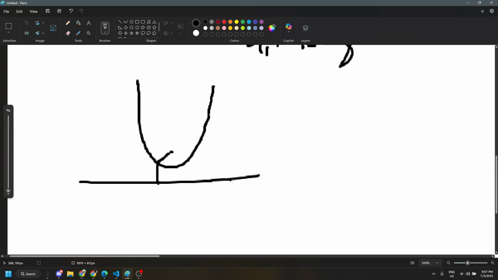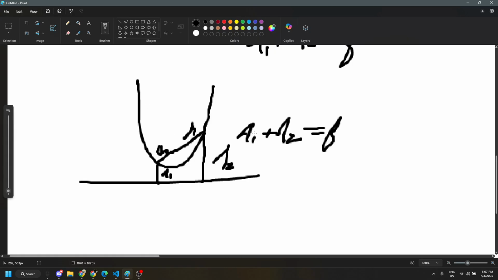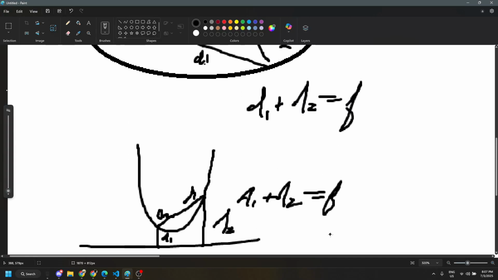I forgot what this line is called. There's a name for this line, but this is like a focus, I believe. So if you take this point here, it's a certain distance, d1, d2, and d1 is always equal to d2. That is the definition.